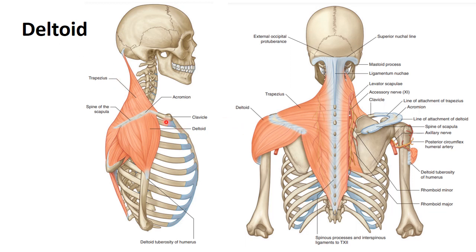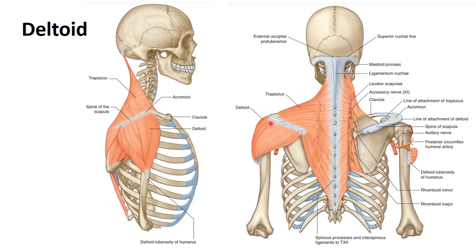It has a wide line of origin starting from the anterior aspect of the lateral third of the clavicle, the lateral border of the acromion, and passes posteriorly to the lower border of the spine of the scapula. It gets inserted into a roughening on the lateral aspect of the midshaft of the humerus called the deltoid tuberosity.